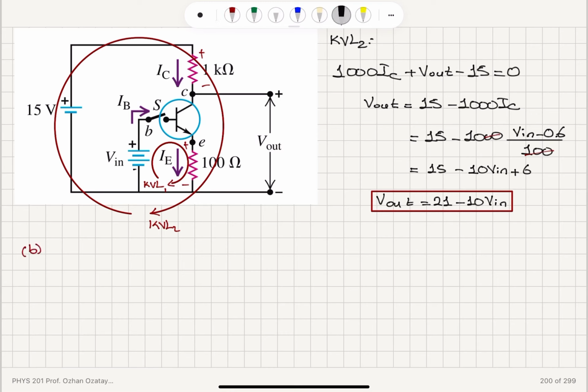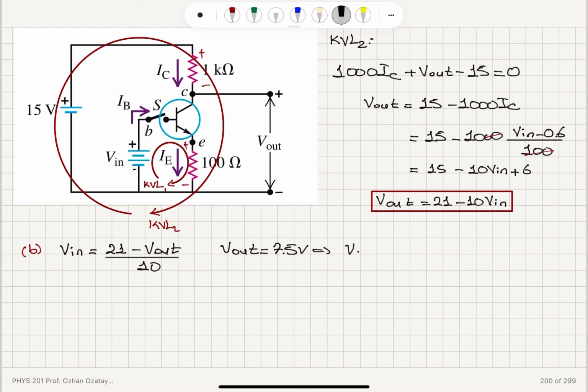While using this equation, V in is 21 minus V out divided by 10. So I'm isolating V in here. V out we want to be 7.5 volts.